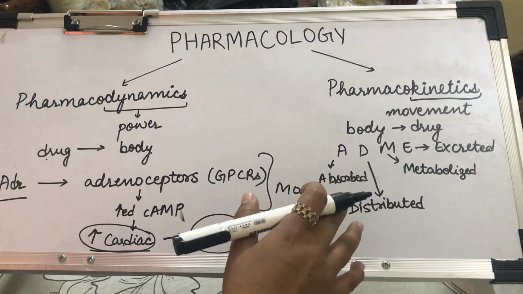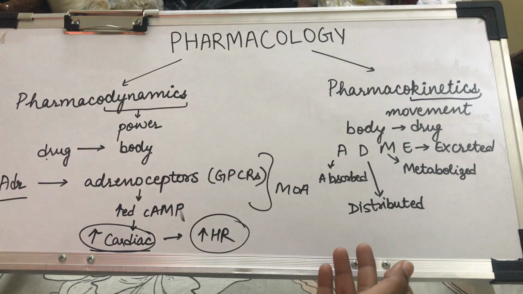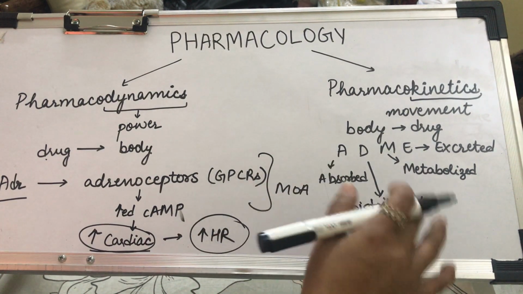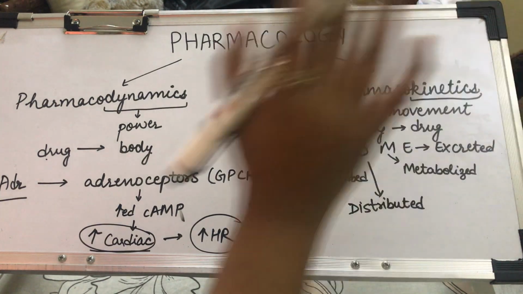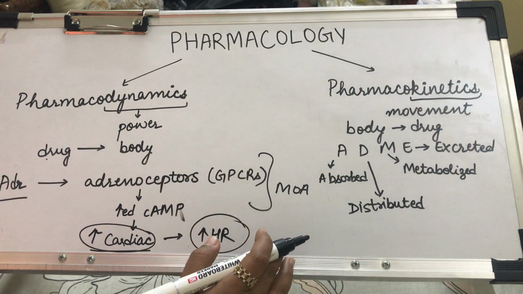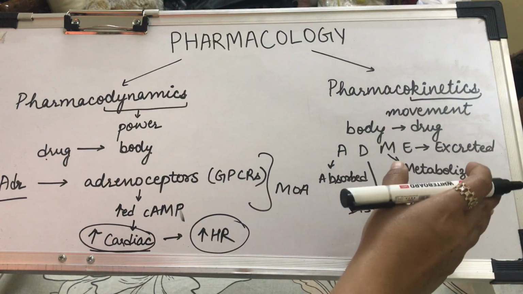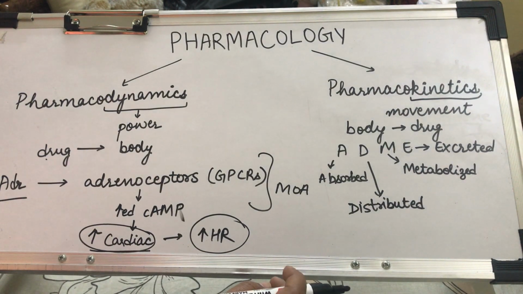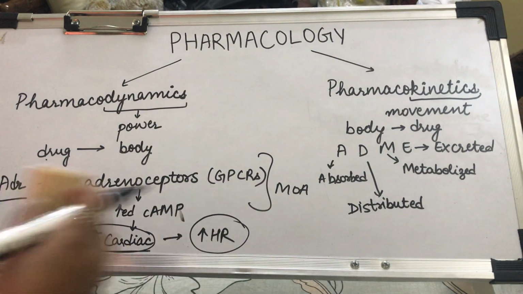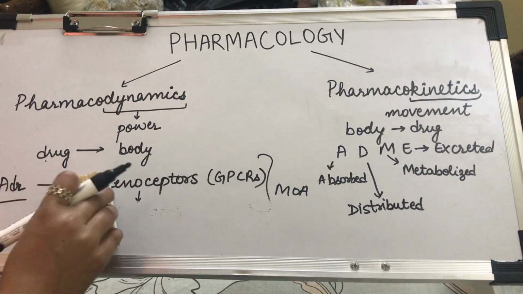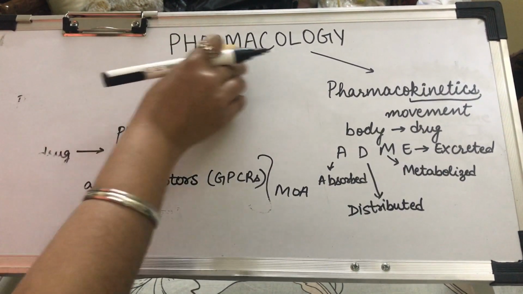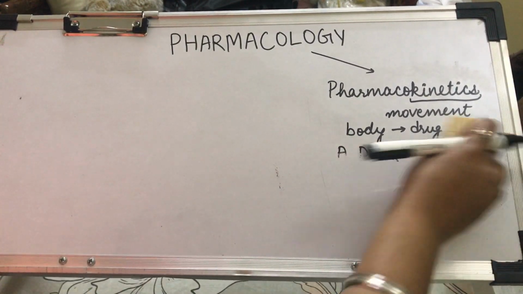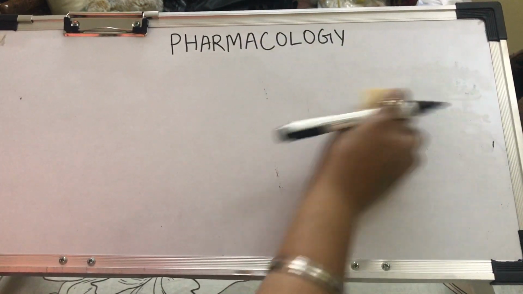It will be converted into inactive metabolites by glucuronide and sulfate conjugation, and after this conjugation it will be excreted into your urine. That is basically the pharmacokinetics, how your body is going to treat the drug. That is your kinetics. Now there are certain basic definitions which you need to know before we go into the details of pharmacology and different drugs.